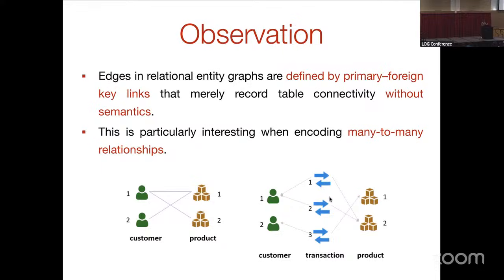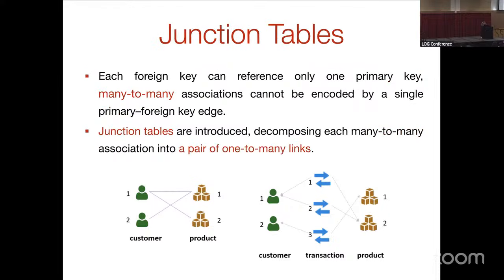So if there are many-to-many relationships between customers and products, they may not be directly connected because of how primary-foreign key links work in databases. Because of this, if a product has to send information to a user, it has to traverse through the transaction nodes, and the many-to-many associations cannot be encoded by single primary-foreign key edges.